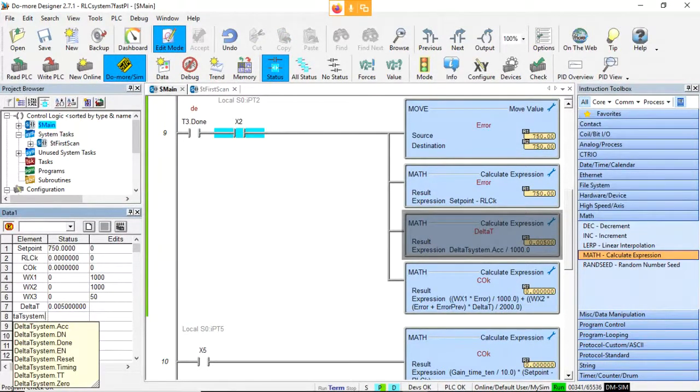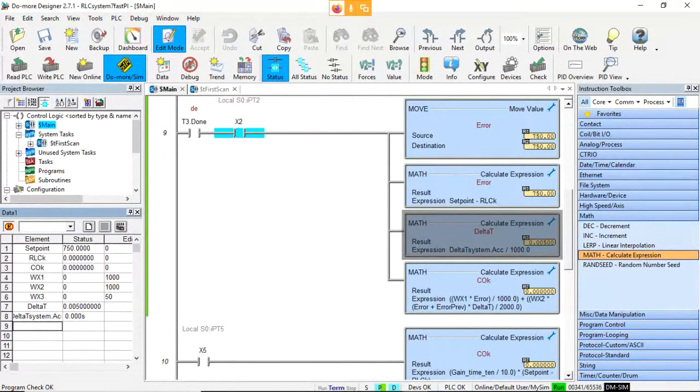system accumulator, okay. So I guess the way they're showing it is just in seconds here, but the delta t is in milliseconds, and so it's 5 milliseconds.